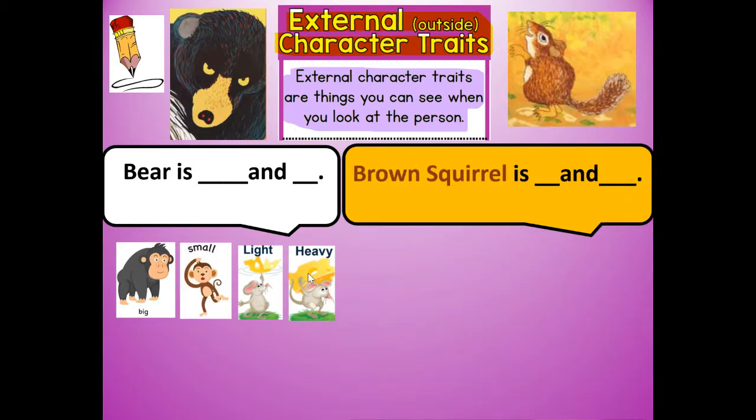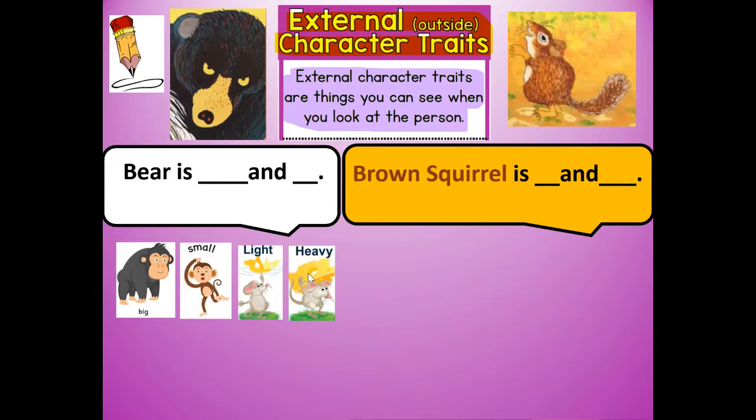All right. Brown squirrel is blank and blank. So is brown squirrel big or is brown squirrel small? Well, brown squirrel is small. So you are going to write brown squirrel is small, and is brown squirrel small and light or small and heavy?